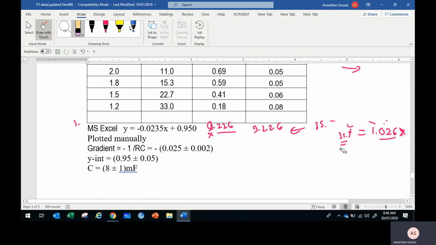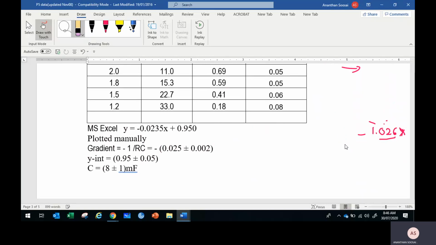Okay, so you should get these answers. Do your gradient and y-intercept.